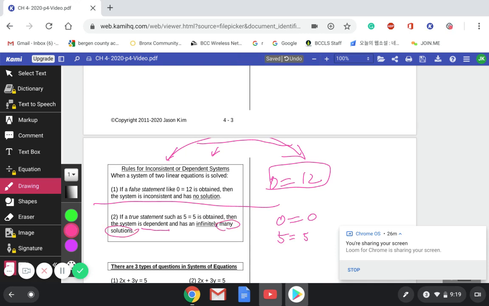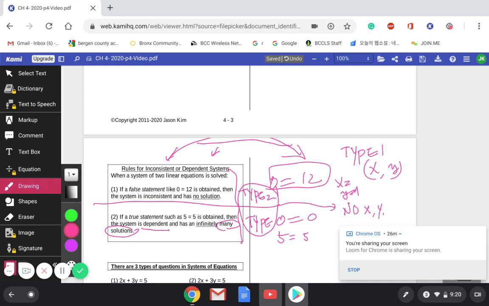So again, with type 1, you get x and y values individually. So x equals something and y equals something. Type 2, no x, y. And type 3, again, no x, y. So with type 2 and type 3, you don't have x, y values.